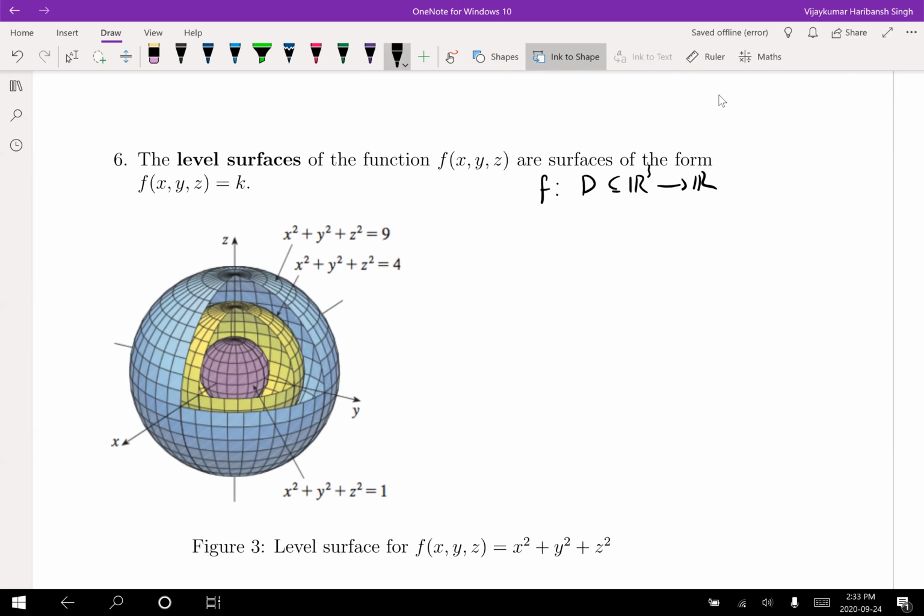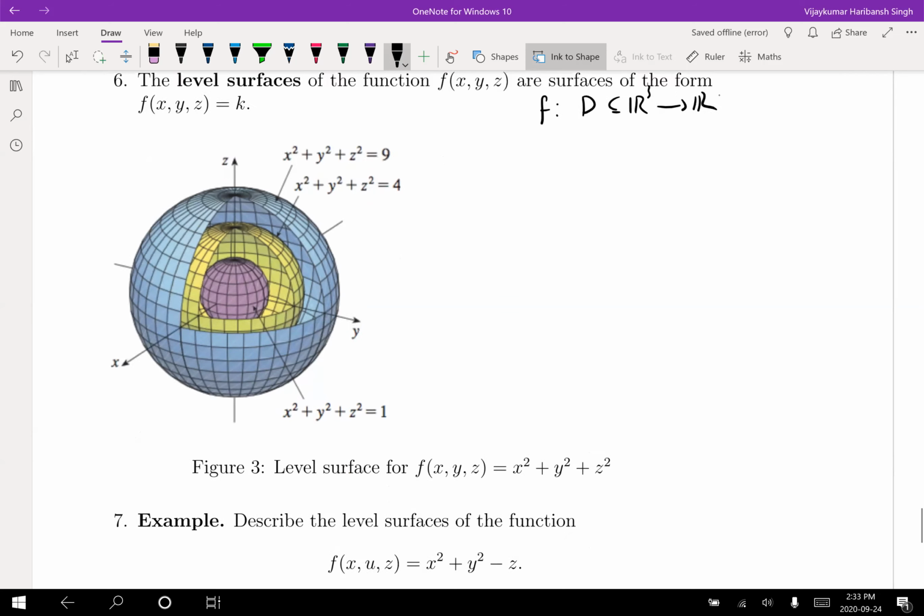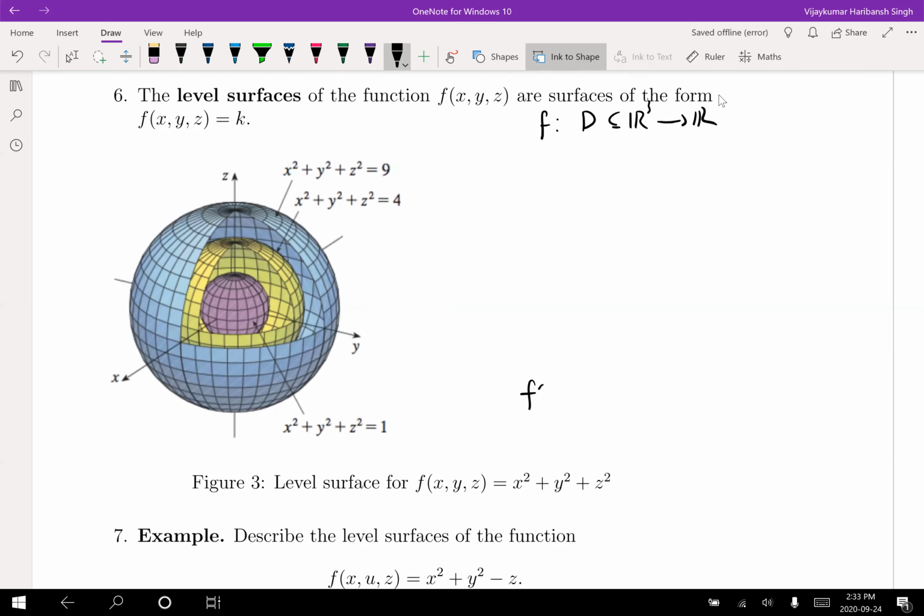So for example, if you take x squared plus y squared plus z squared as a function, then if you take f of x, y, z equals to 0, you get x squared plus y squared plus z squared equals to 0, which will be just a point. So the level surface is just a point.